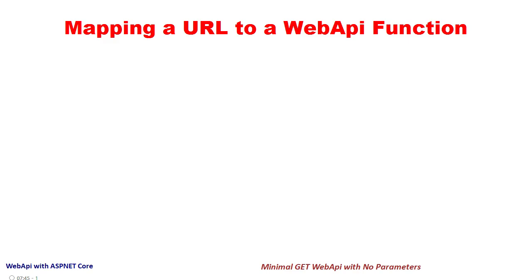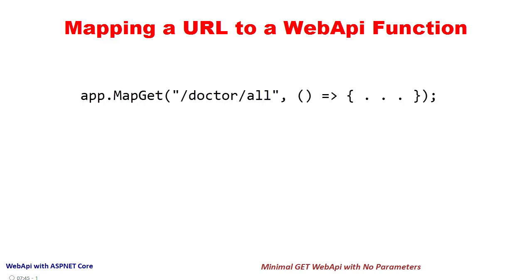The easiest way to map a GET request is to use the map_get function of the web application class. This function takes 2 parameters. The first is the relative path of the URL, and the second is a lambda or a request delegate that contains the body of the Web API function.